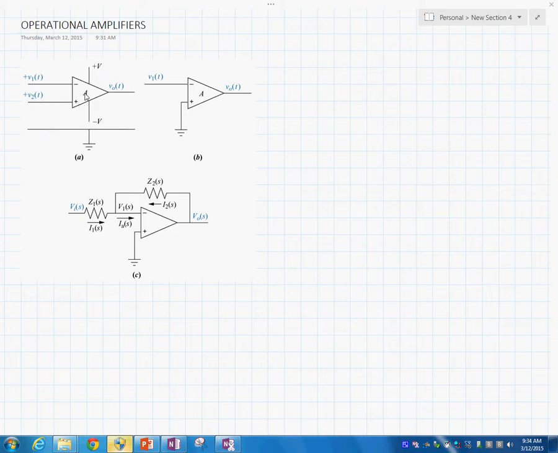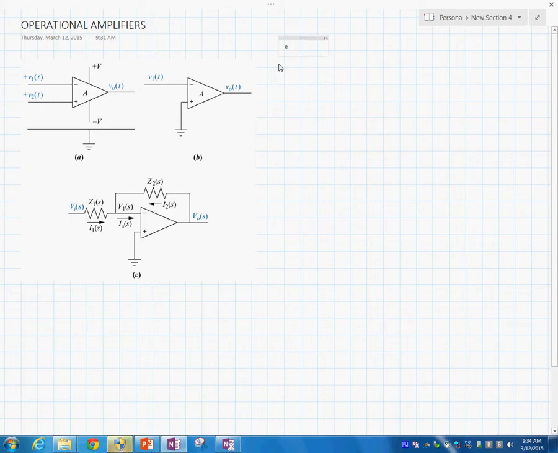is actually externally powered. And what is it supposed to do? This is an electronic amplifier used to implement transfer functions. So maybe what I should do is make a little definition.